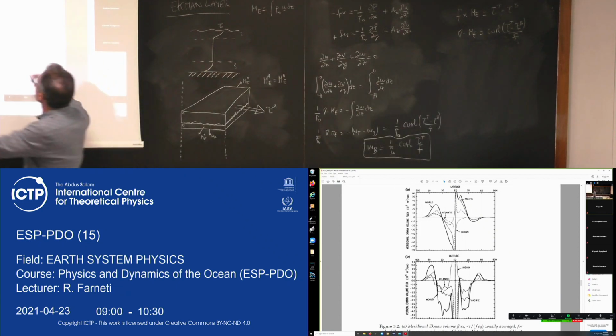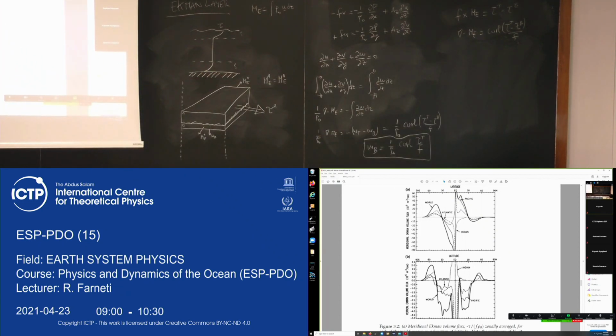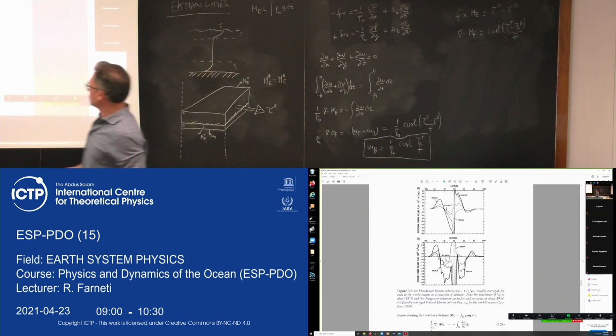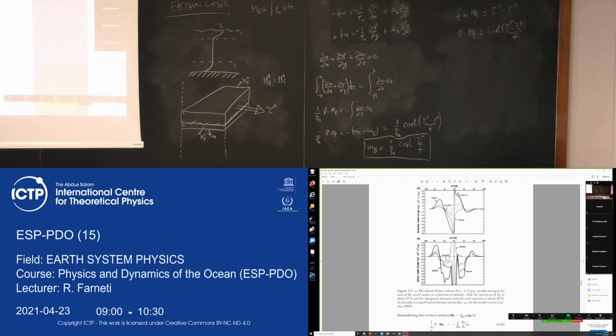So you have convergence or divergence of mass transport in the ocean, and they will cause this, which is the zonally average vertical Ekman volume flux, that WB.